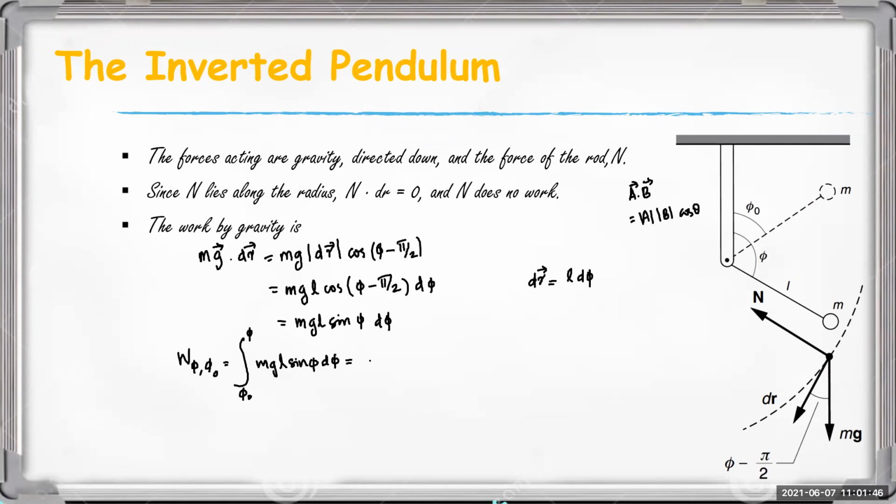Here the quantity mgL is constant, we can take it outside. Then the integral of sine phi d phi must be equal to minus cos phi in the limit phi 0 to phi.